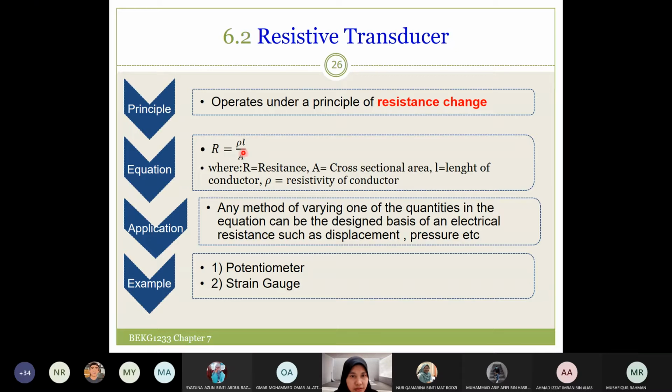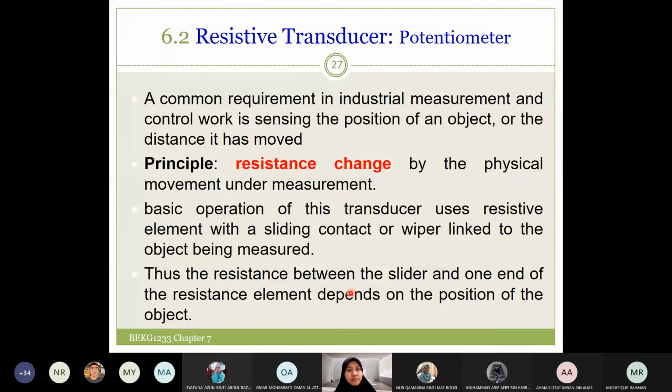If the area is higher, the R will be lower. Any method of varying one of the quantities in the equation can be the design basis of an electrical resistance transducer, such as displacement, pressure, and so on. The examples for resistive transducer are potentiometer and strain gauge.